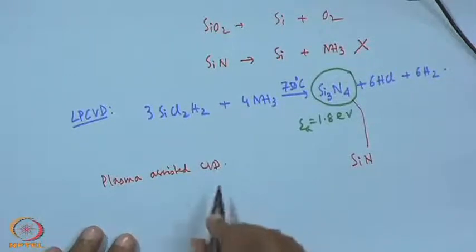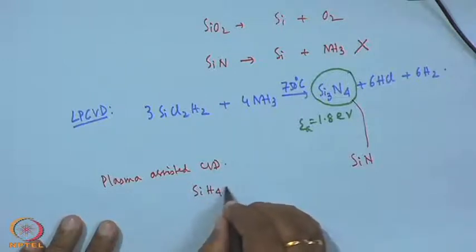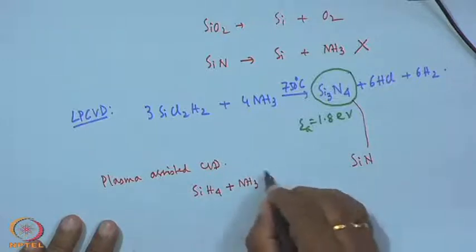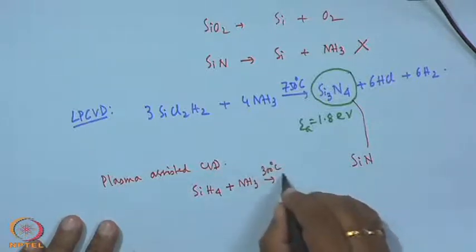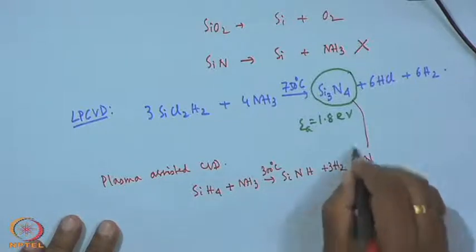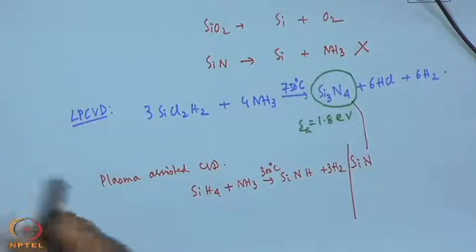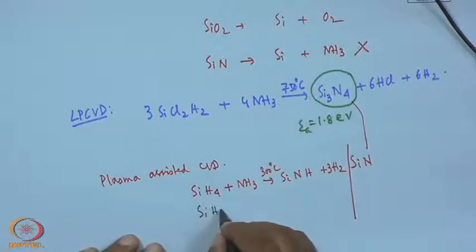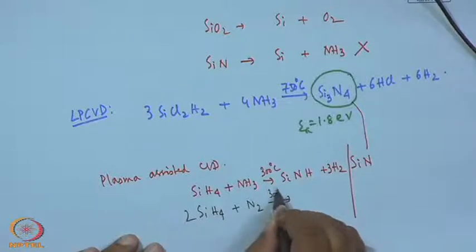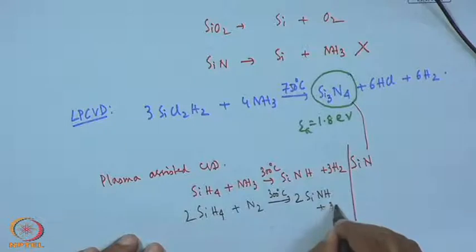In this case, the reaction takes place like this: SiH4, that means silane, reacts with ammonia at 300 degree centigrade to obtain SiNH plus 3H2, or one can use a reaction like 2 SiH4 plus nitrogen to obtain 2 SiNH plus 3H2.